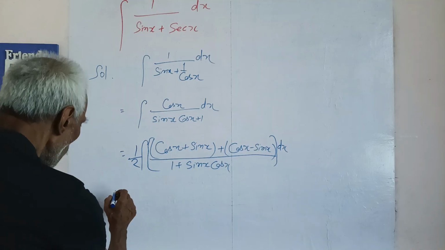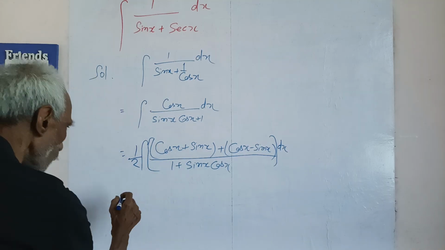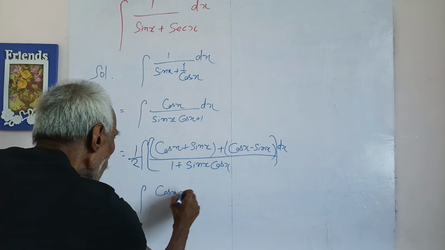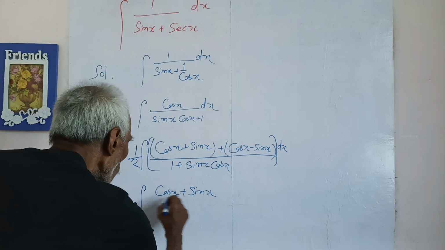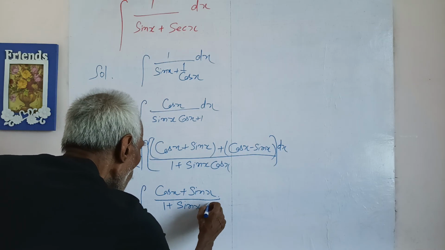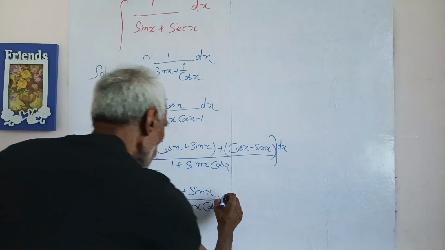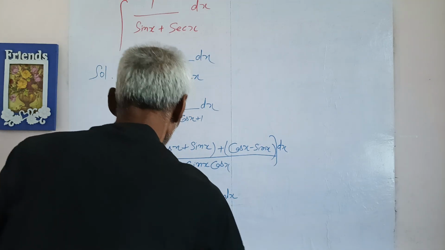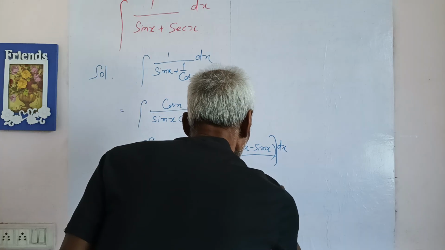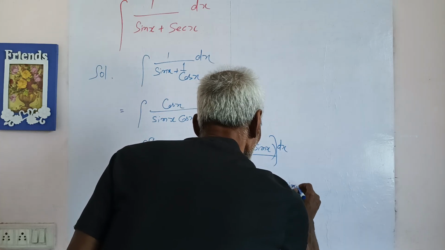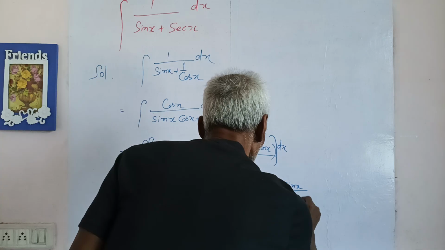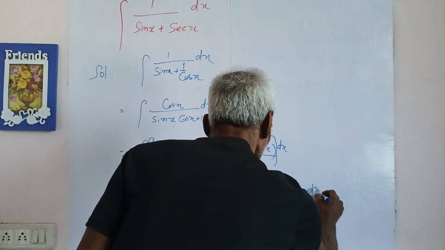Now write in individual form as cos x plus sin x by 1 plus sin x into cos x dx plus cos x minus sin x by 1 plus sin x into cos x dx.